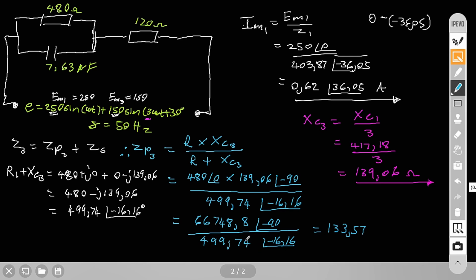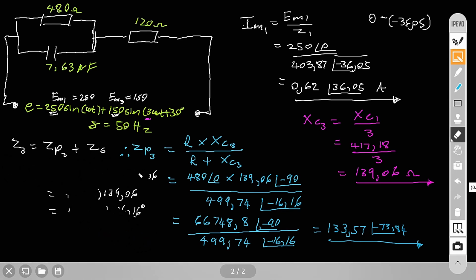To get the angle, this is negative 90 minus negative 16.16. You have to subtract here, so this will turn into addition. So now your angle is going to be negative 73.84. So this is our Z parallel 3. I'll just erase here for space. You guys can just rewind if you want to confirm something.